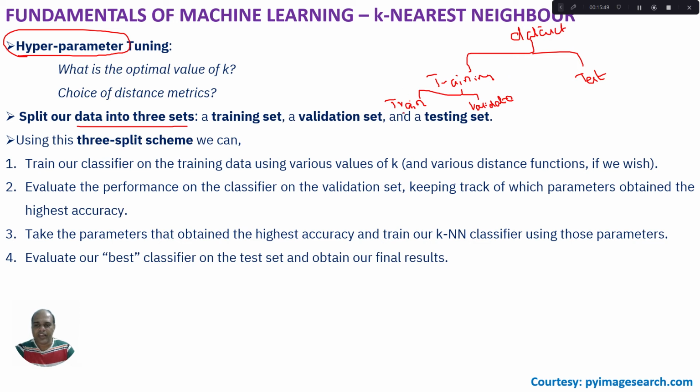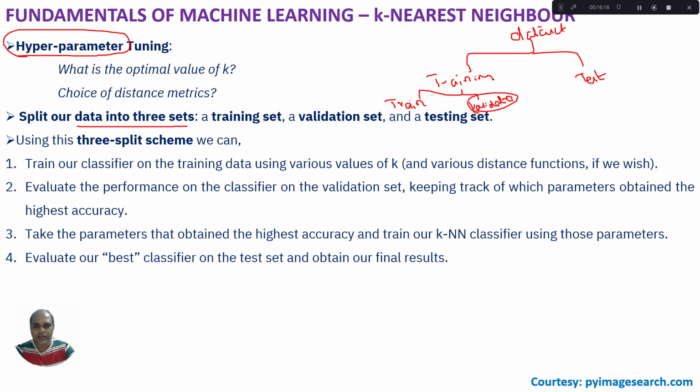This training data will be used for training the machine by setting a certain parameter. After training, I use the validation data to evaluate the machine and note down its performance metrics. Next, in the same way, by selecting another parameter, I train again and note down the performance metrics on the validation data.